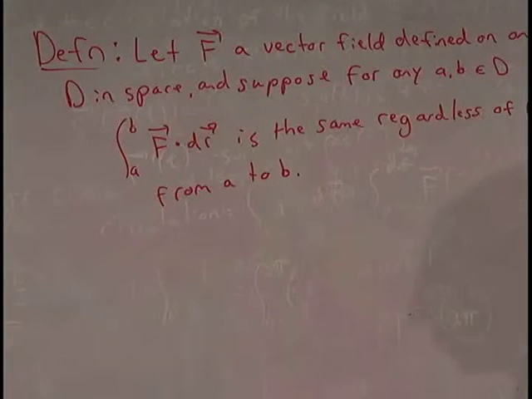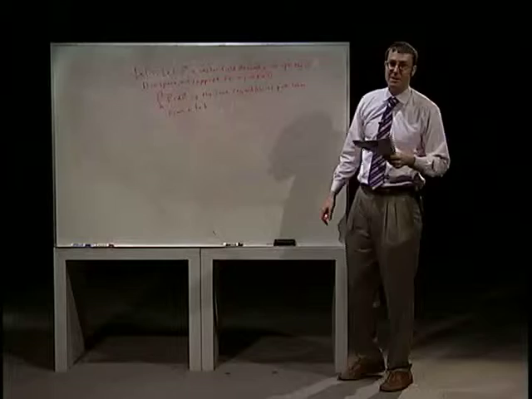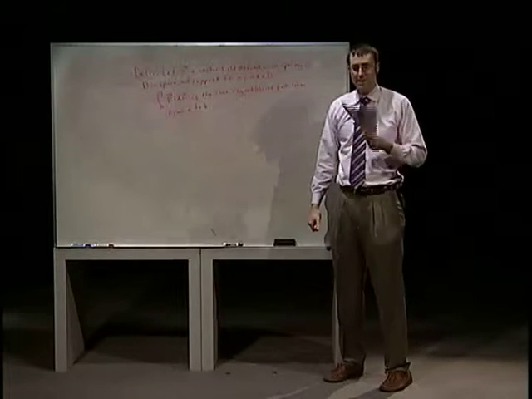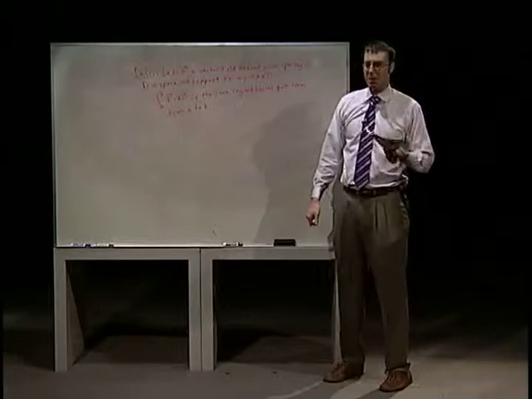So we saw that this was not the case last time, that we could take different paths, or as it was two lectures ago, we take different paths that begin at the same point and end at the same point and get different line integral values.